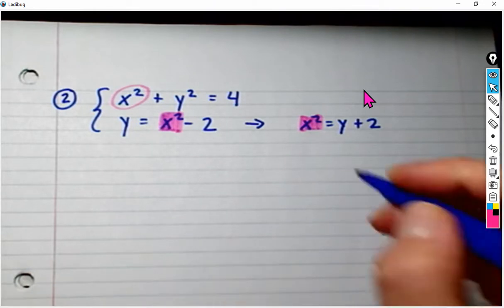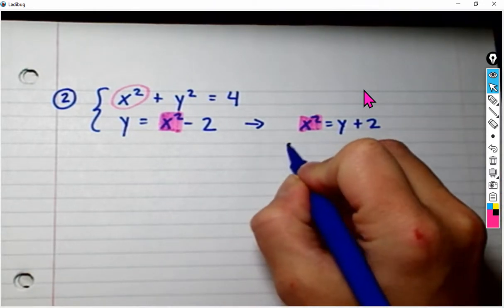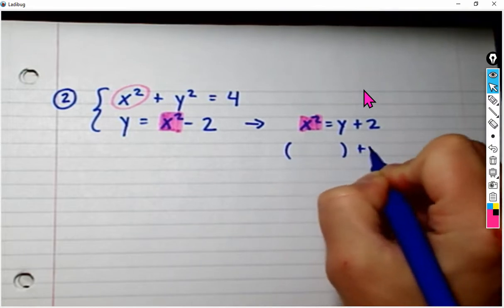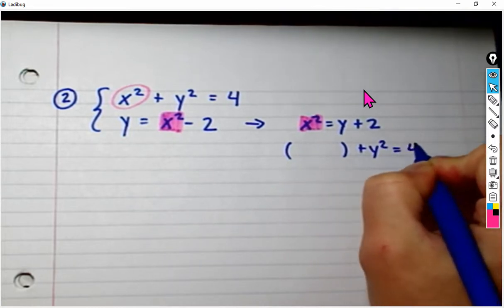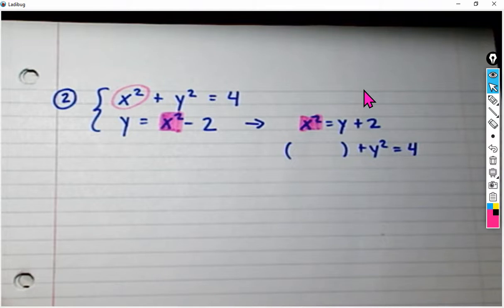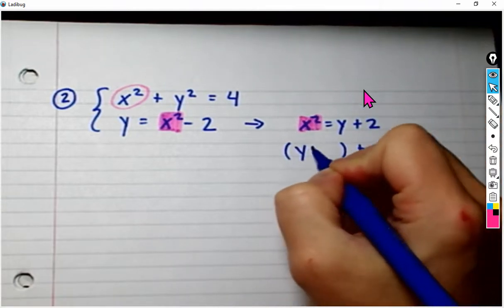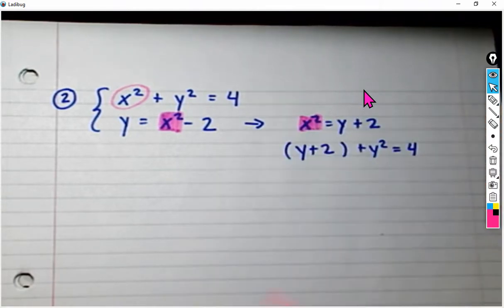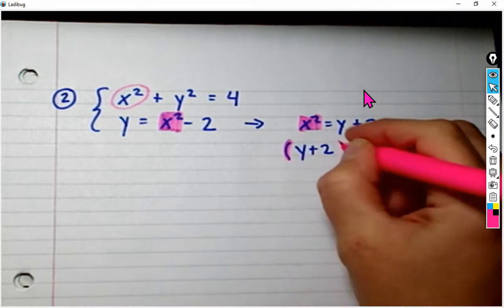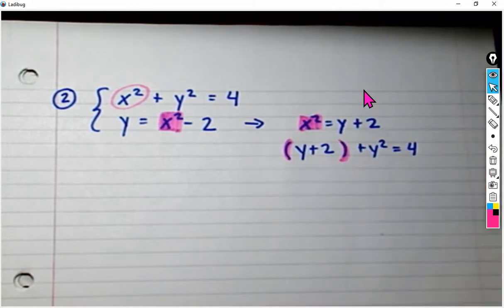Okay, now do your substitution. Okay, and y plus 2. Notice that I have avoided any foiling. Little less algebra in that substitution phase.